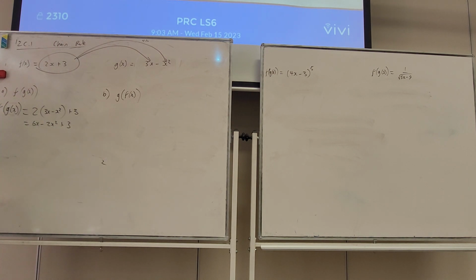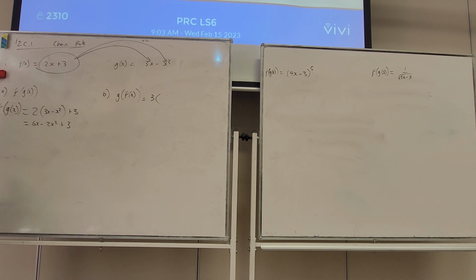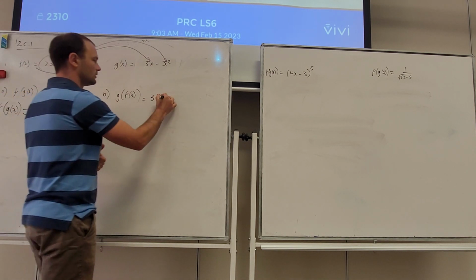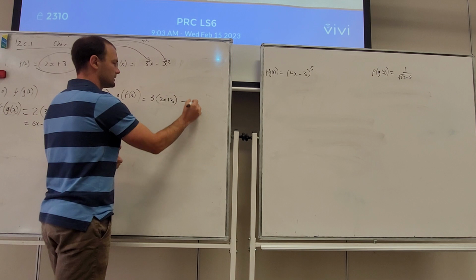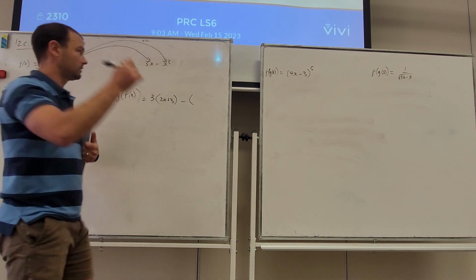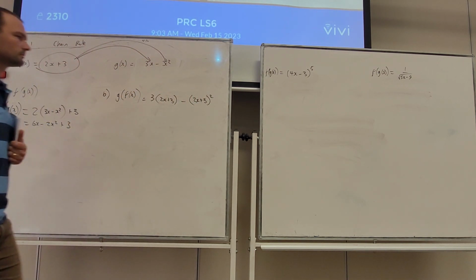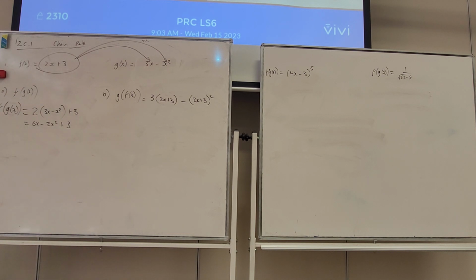So what does that look like? 3 times the f of x function, take, and then the f of x function squared. Alright, so that's the skill, right? The skill is the substitution to recognise the composition.